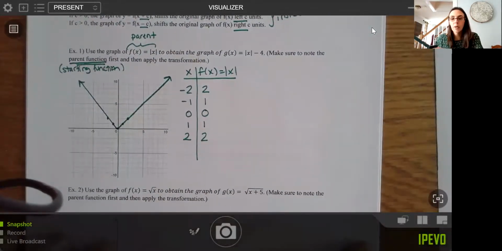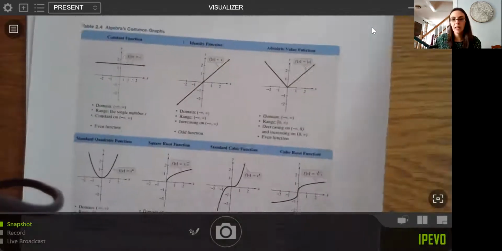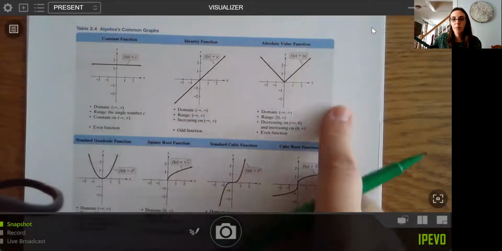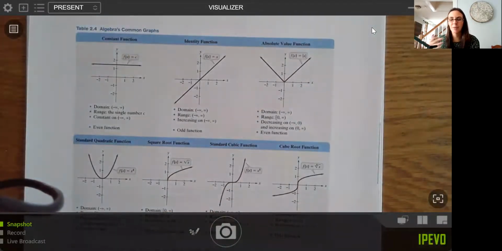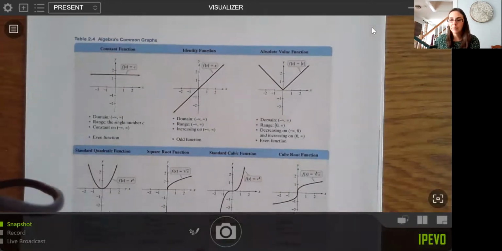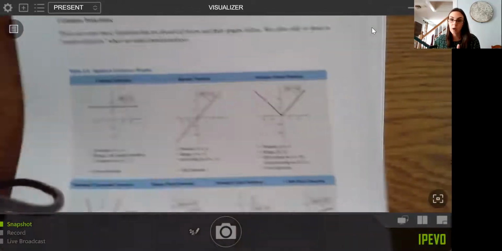Now, the nice thing too is once you're doing your parent functions, maybe even make your table on your sheet here. So maybe just put that table of points right next to that parent function so that when you have other problems that are absolute value, you don't have to make those points over and over again. You can just do that the one time. So you can keep track of these values if you find it easier, maybe on this front sheet here or on a note card or something like that.